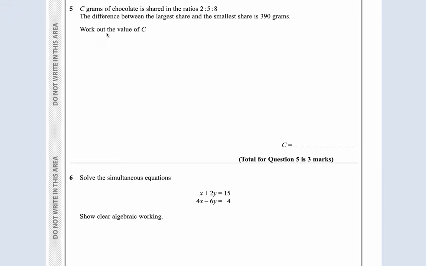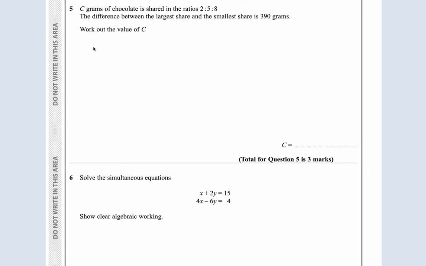Question 5. C grams of chocolate is shared in the ratio 2 to 5 to 8. The difference between the largest and smallest share is 390. Work out the value of C. Okay, that's actually kind of hard, guys. So we need to find the total.